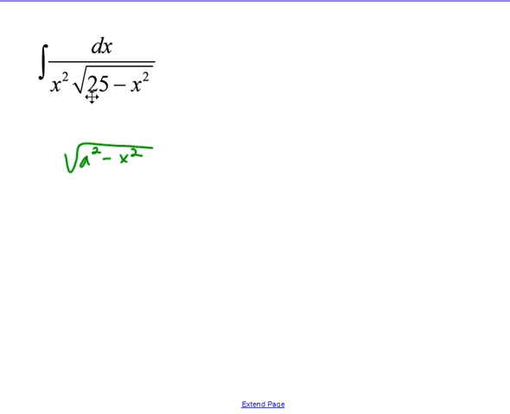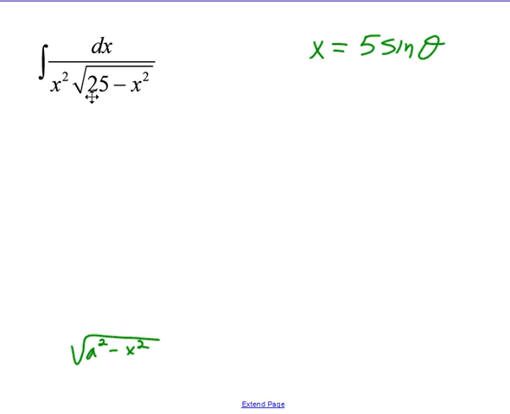And so when I see that, I'm going to say I want to make x equal to a sine of theta, right? So now, what we have said in what we just did is that I can replace this. If x is 5 sine theta, then root 25 minus x squared we know is going to equal 5 cosine theta.